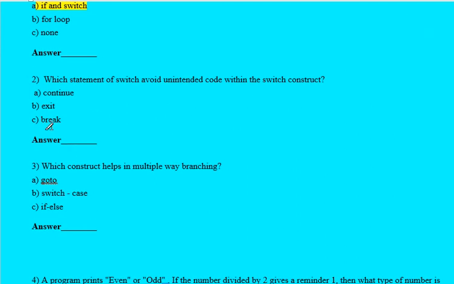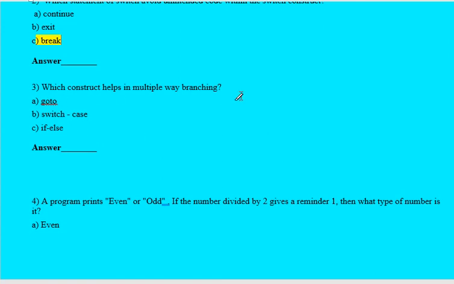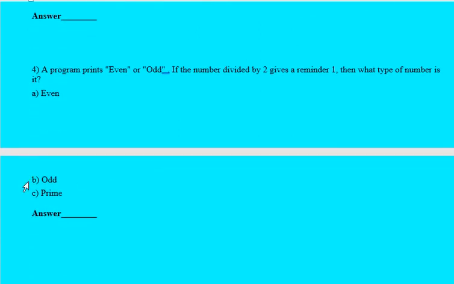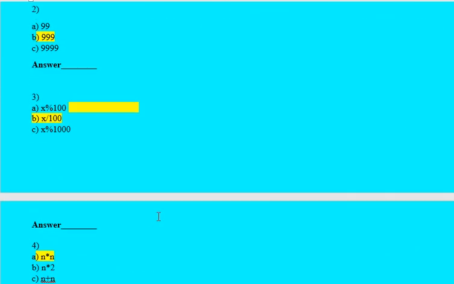Decision is if and break. This is break. Which construct helps in multiple way of branching? Here the answer is odd. Case studies and all you can easily answer.